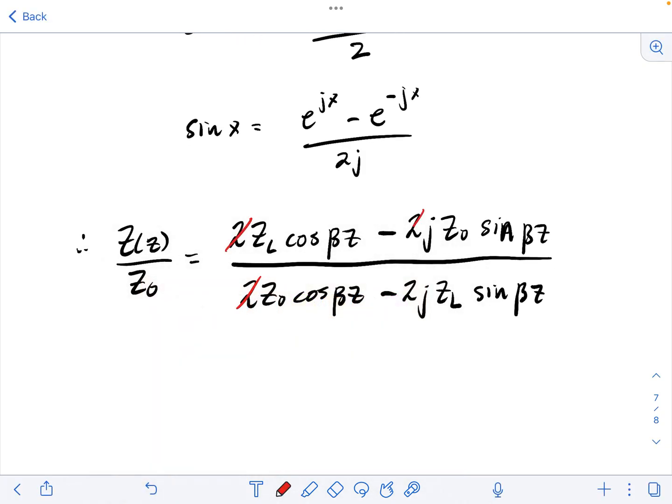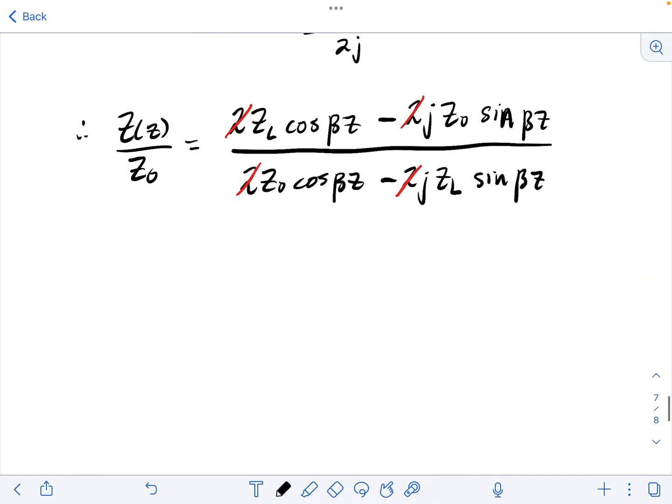The other thing we can do is divide top and bottom by cos beta z.